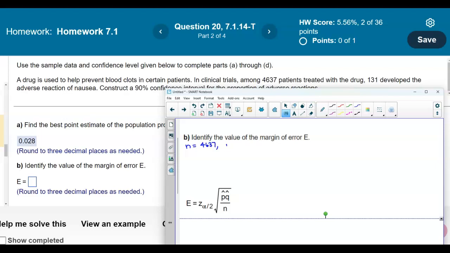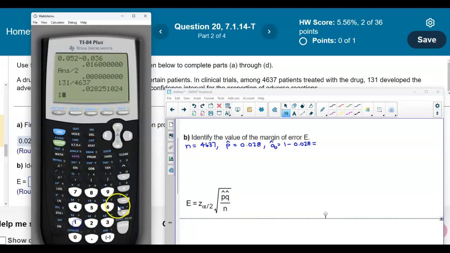We also found the point estimate from the beginning of part A is 0.028. To find its complement, we take 1 and subtract 0.028, which gives us 0.972.